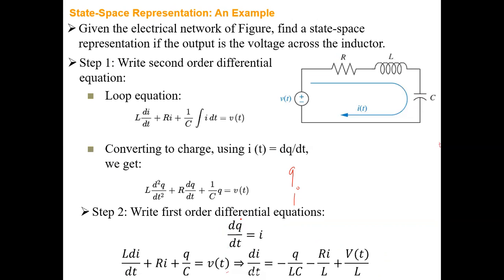One is the derivative of Q, the other is the derivative of I. That's why my claim is that this Q and this I are the state variables. Because if dq by dt equals I, in that case, Q and I are linearly independent. That's why they could be state variables. So Q and I could be state variables. That makes sense.